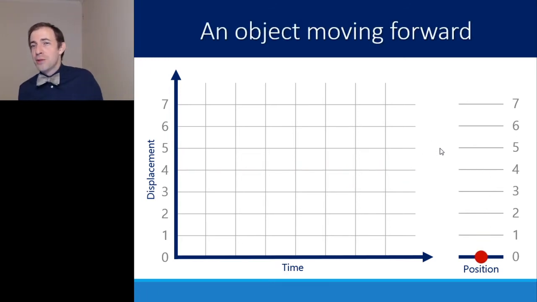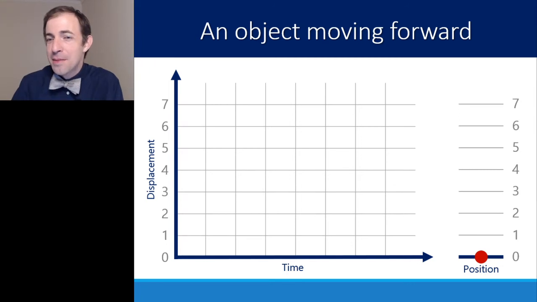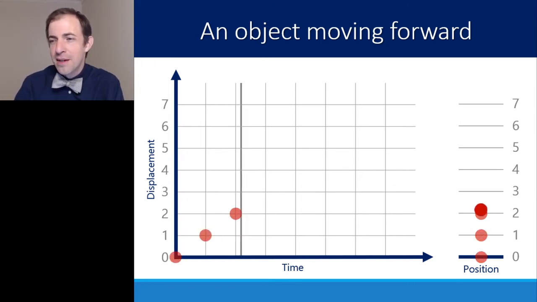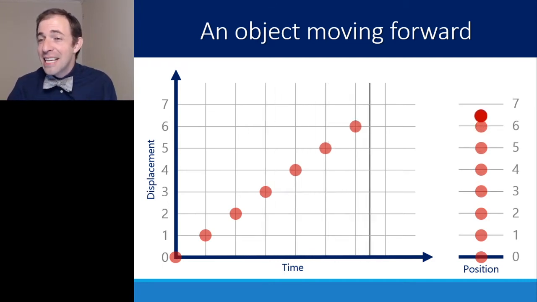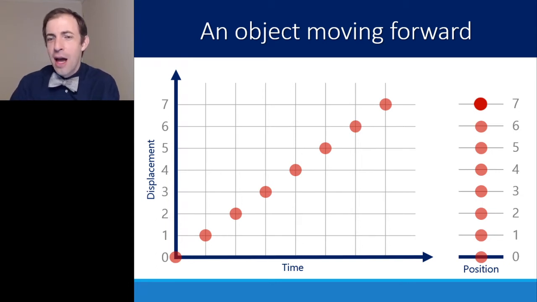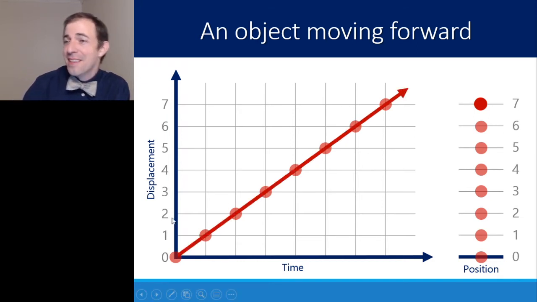Now, if I had an object that was moving forward, its displacement, its position is changing. So I can see it moving forward here, and every second I draw where it is in that split second in time, and I can see that I'm creating kind of this upward trend, that every second I went one spot farther in its position, so I can draw a line that looks something like this.